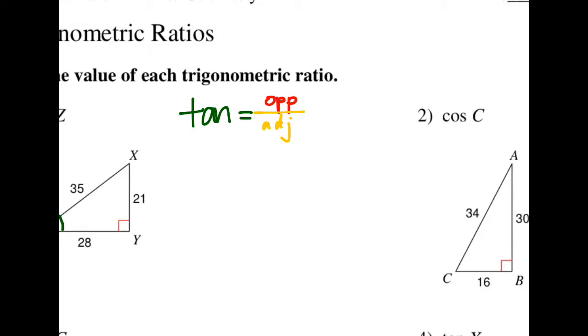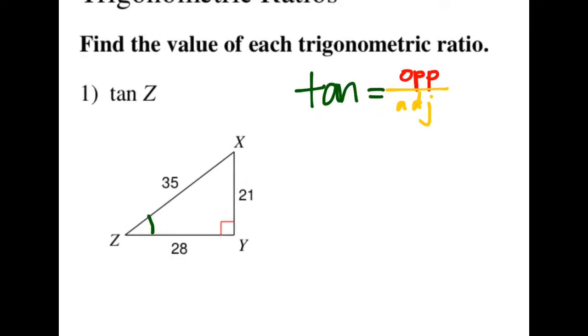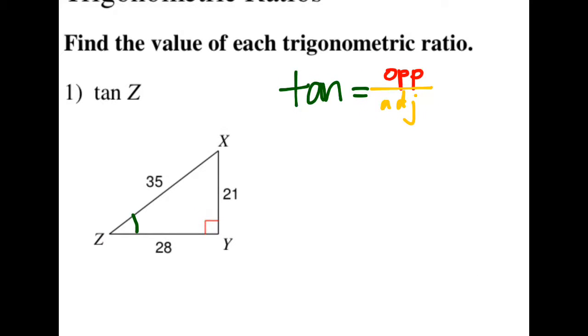Okay? So in order to identify these, we've got to look at this angle, because the opposite and the adjacent are always going to rotate and switch around. Hypotenuse will always be the same, but your opposite versus your adjacent could be different depending on which angle. So if this is my angle Z, the opposite is the side across from it, and the adjacent, which means next to or touching, is the one that touches that angle.